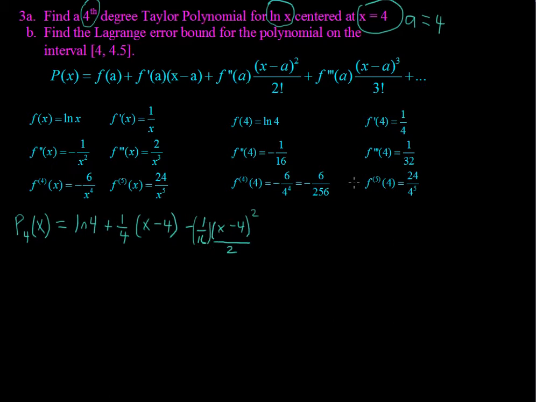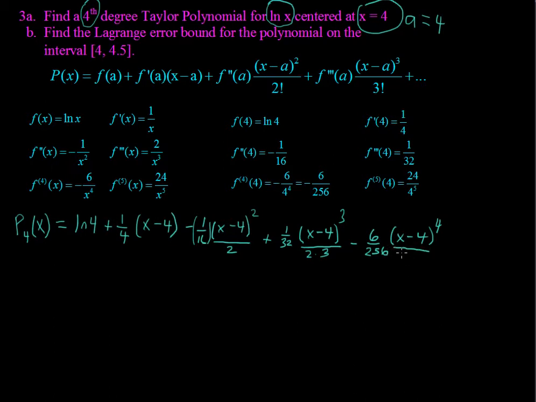And then we have the third derivative, so plus 1/32 times x minus 4 cubed over 3 factorial. I'm going to write that as 2 times 3, which simplifies the math later. And then the next one is minus 6 over 256, which could have been reduced, but we'll deal with reducing it in a minute, times x minus 4 to the 4th over 4 factorial.